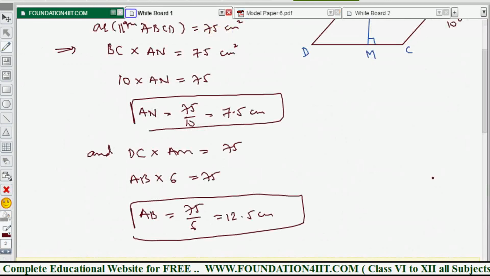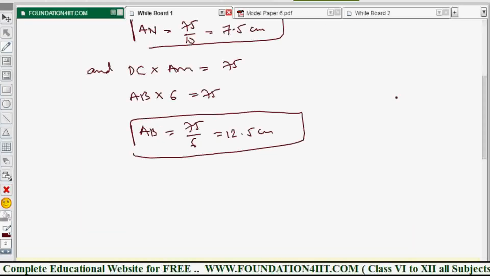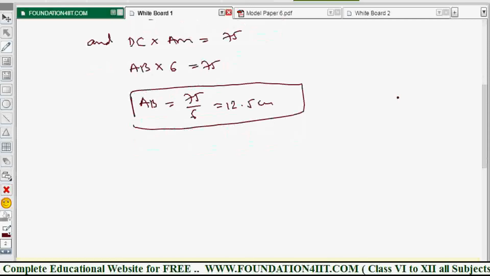And next is the area of ADM and area of ANB. So the areas of these two triangles, you should find the ratio. That means first of all you will prove that both are similar. Then if you prove they are similar, you can use the ratio property. So in triangle AMD and triangle ANB, opposite angles are equal in a parallelogram.